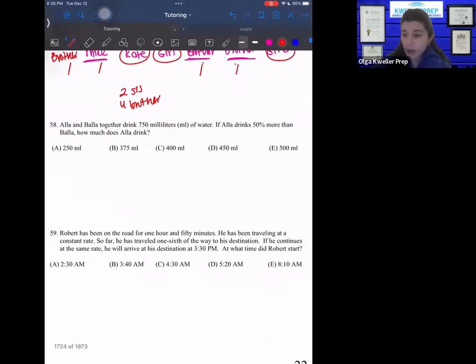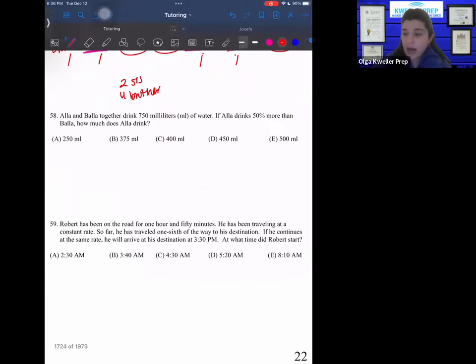Okay, next word problem. We have Alla and Bala together drink 750 ml of water. Alla drinks 50% more than Bala. How much does Alla drink? The way that I would think about this is we have 3 parts.